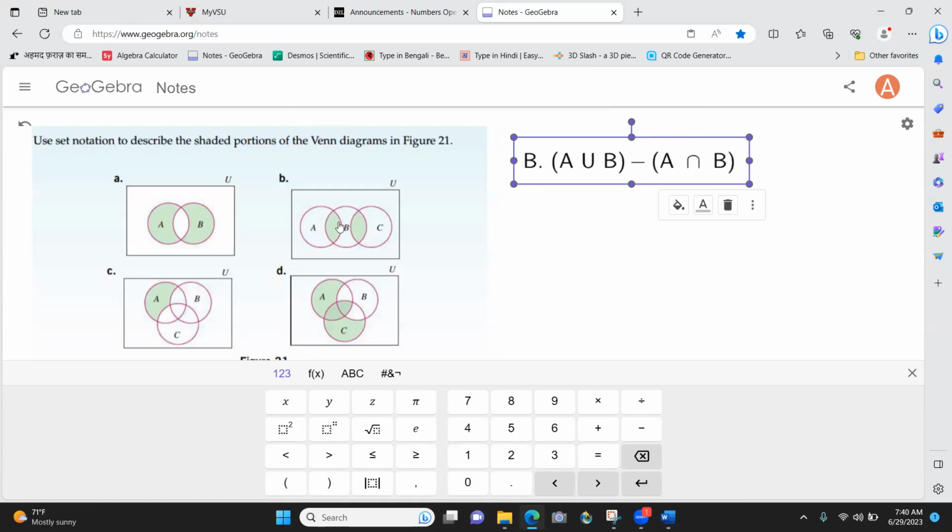Part B is A intersection B and B intersection C taken together. What's taken together? It's union. You put them all together in the same pot.